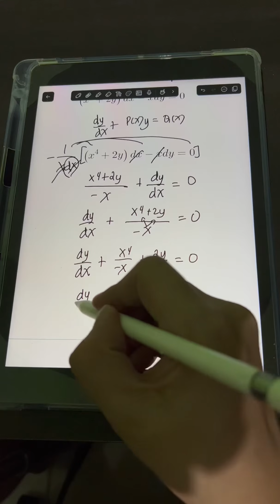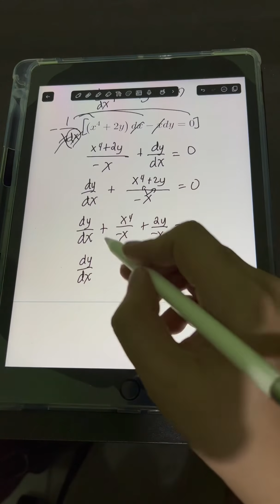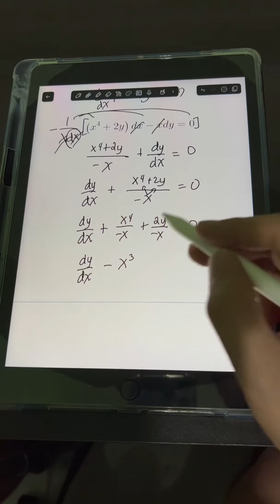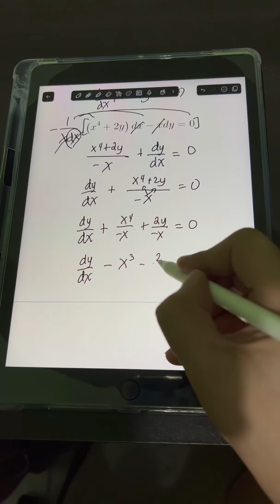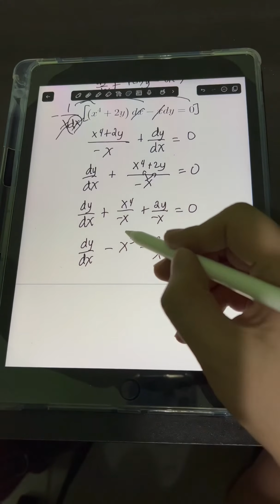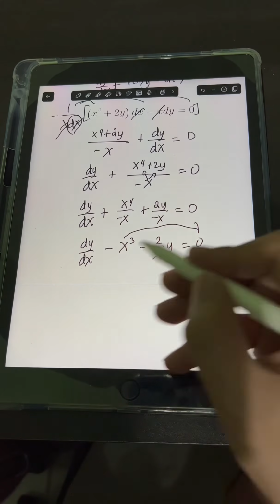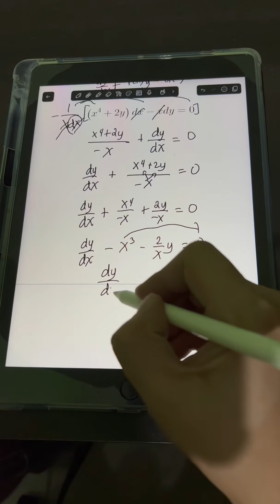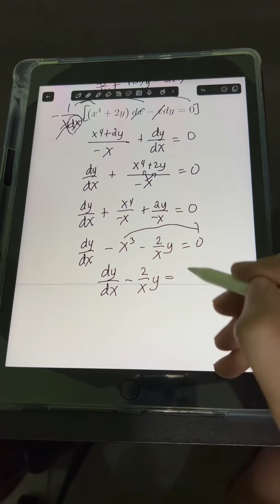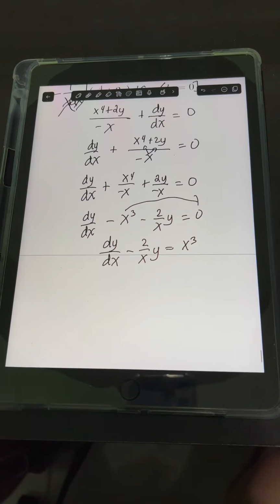So we will have dy/dx, this will be −x⁴/x, which is −x³, and this will be −2/x times y equals 0. If we transpose this −x³ to the right side, we will have dy/dx − (2/x)y = x³.